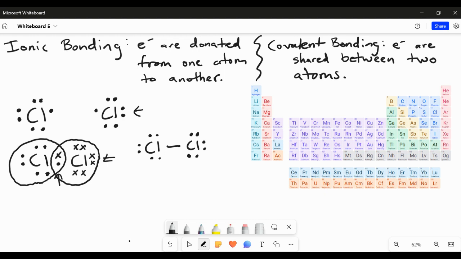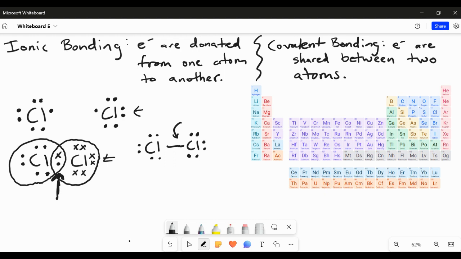So this line right here represents a covalent bond, okay? But this line that I just pointed to and these shared electrons over here, those are the same thing. So you may see it one way, you may see it the other, but they are both correct.